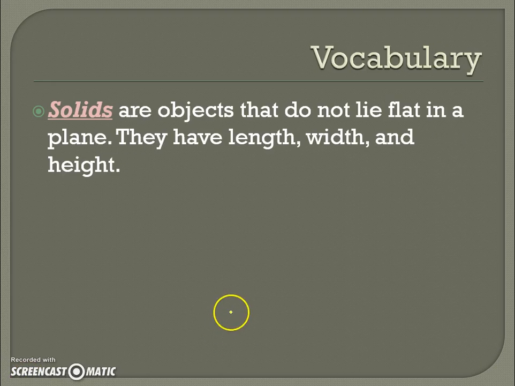All right, so solids are objects that do not lie flat in a plane. They have length, width, and height. In other words, these are the things that you probably would call a 3D object, three-dimensional. The reason it's called a three-dimensional object is because it has 1 dimension, 2 dimensions, 3 dimensions. That's what makes it a three-dimensional object, versus a line, which has 1 dimension.